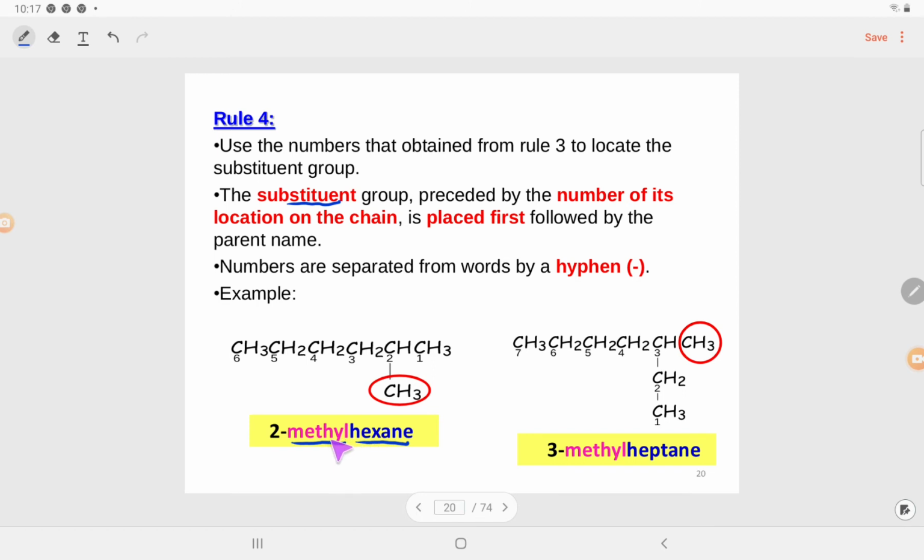Both the substituent name and the parent must be joined together, and you must label your substituent with its number, and you must use a hyphen. So this is why 2 means the location of the substituent, then a dash, who is our substituent? Methyl. And who is our parent? The total carbon is hexane.